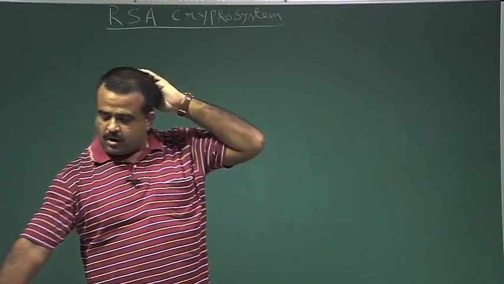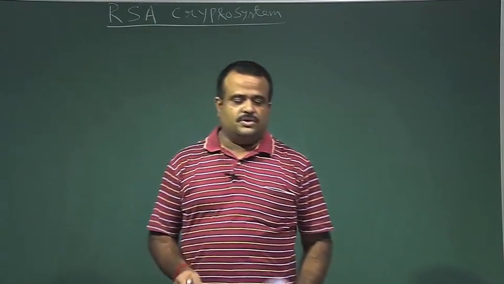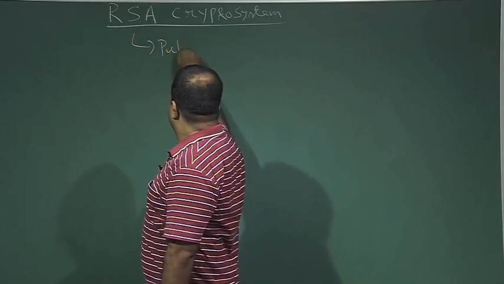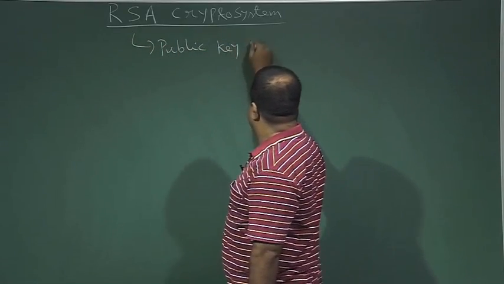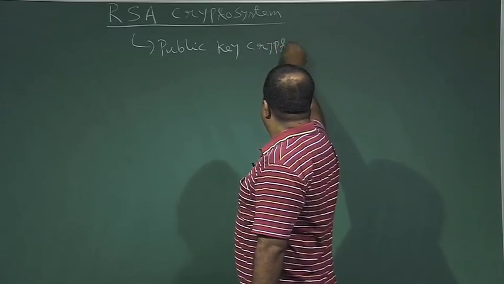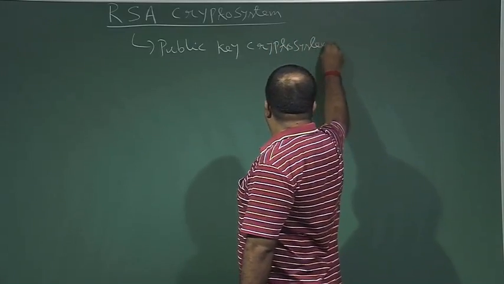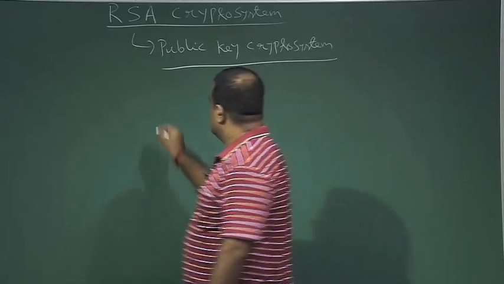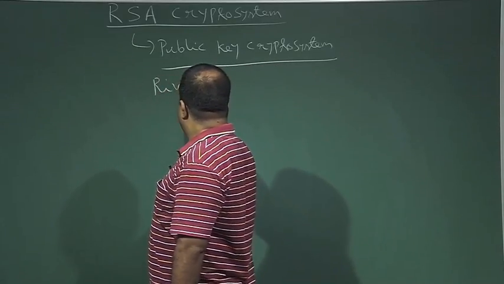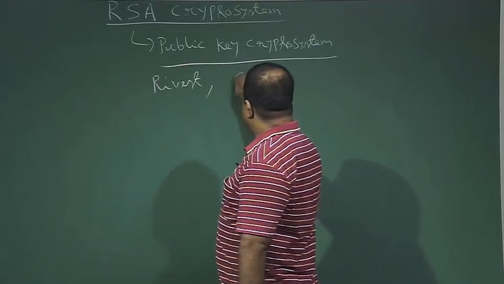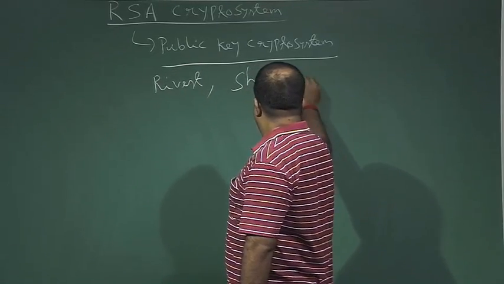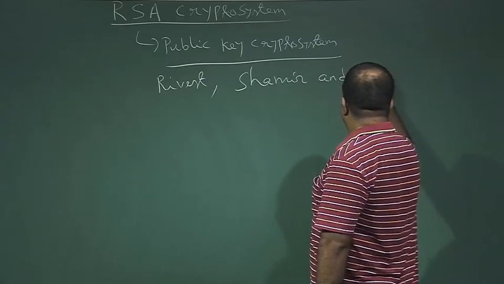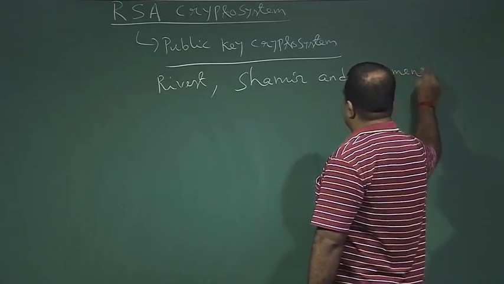Okay, so we talk about the RSA cryptosystem, which is basically a public key cryptosystem, and which was invented by three cryptographers at MIT: Rivest, Shamir, and Adleman.